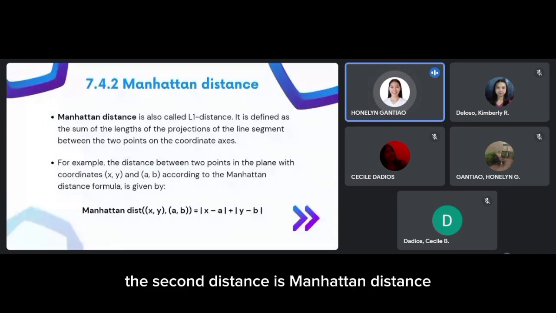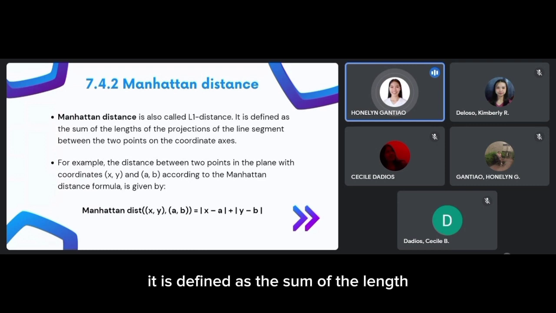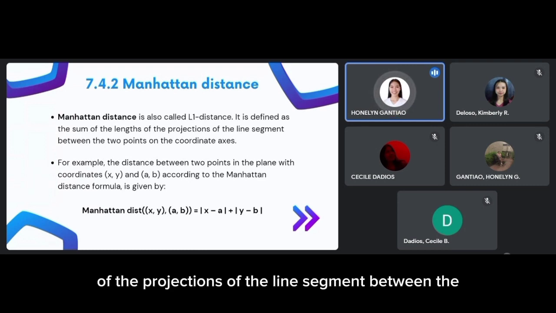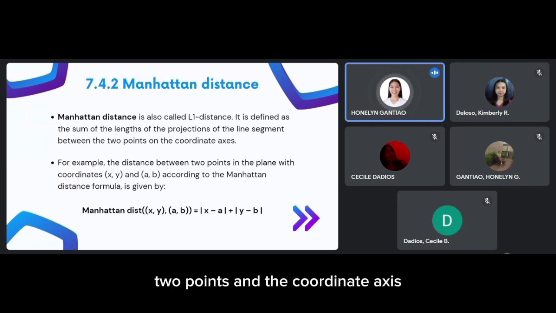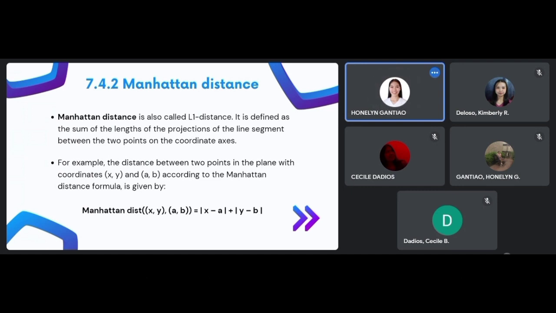The second distance is Manhattan distance. Manhattan distance is also called L1 distance. It is defined as the sum of the lengths of the projections of the line segment between the two points on the coordinate axes. It is also called city block distance because, like Manhattan, it is the distance a car would drive in a city laid out in square blocks.